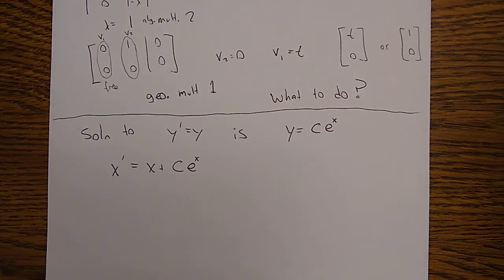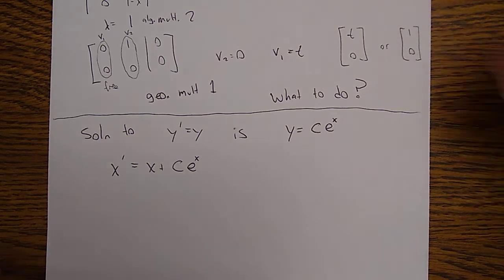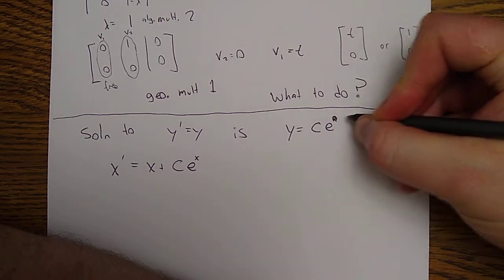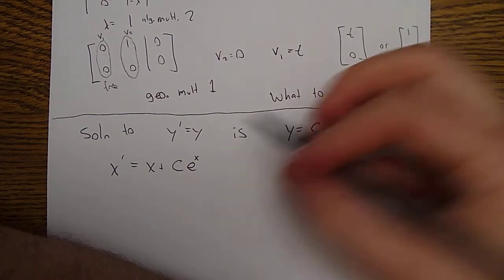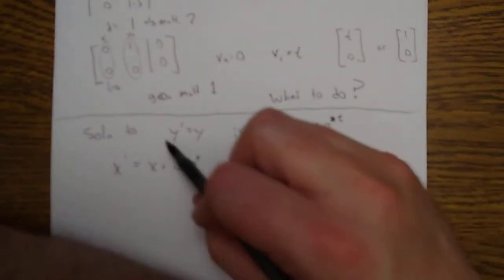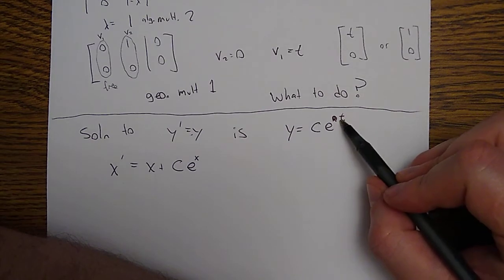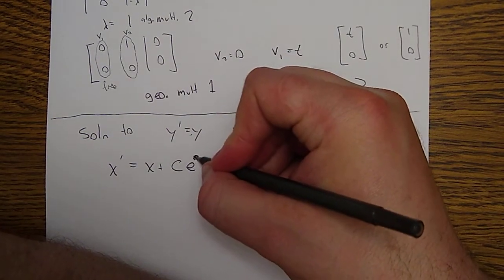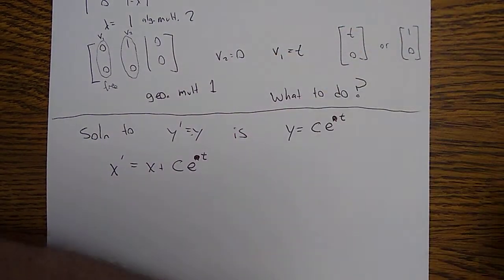Oh, I made a mistake. The x and y are dependent variables. T is the independent variable. This should have been c e to the t. When I solved the first one, this is the derivative with respect to t. This should have been a t. There we go. That's what I was doing wrong.